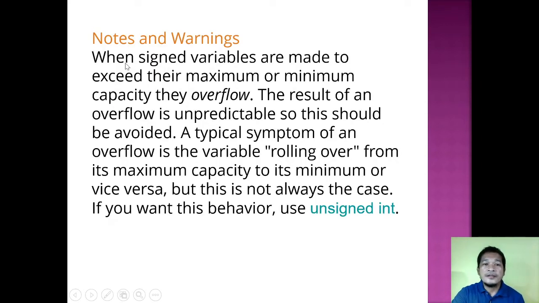Then notes and warning: when signed variables are made to exceed their maximum or minimum capacity, the overflow. So if the overflow ay error, or somewhat na wala siya result, is unpredictable, so this should be avoided. A typical symptom of an overflow is the variable rolling over from its maximum capacity to its minimum or vice versa.